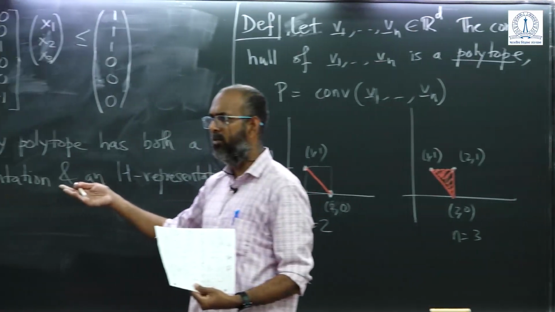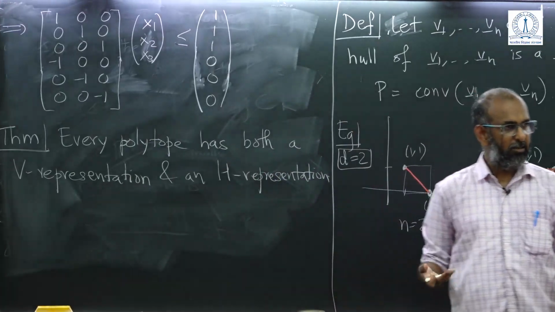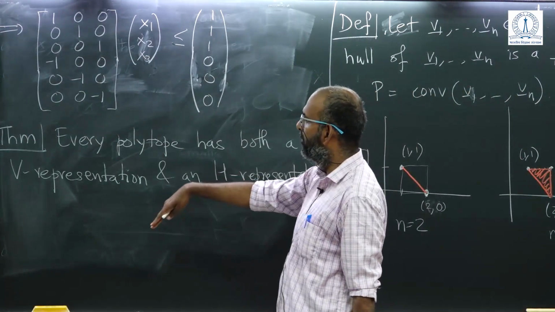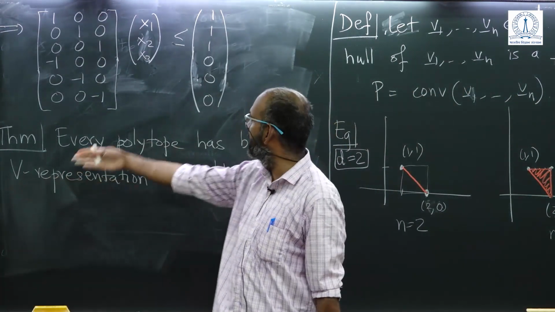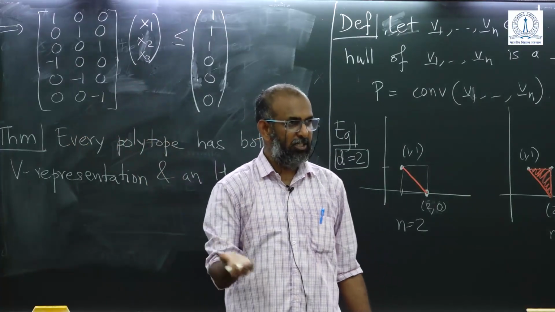One is good for membership, and one is good for generating samples of points. If you want to know if a particular point is in the polytope, you just plug it into the H representation and check.